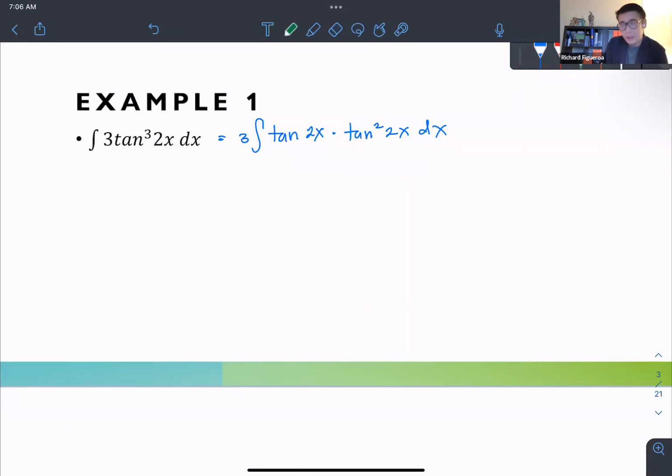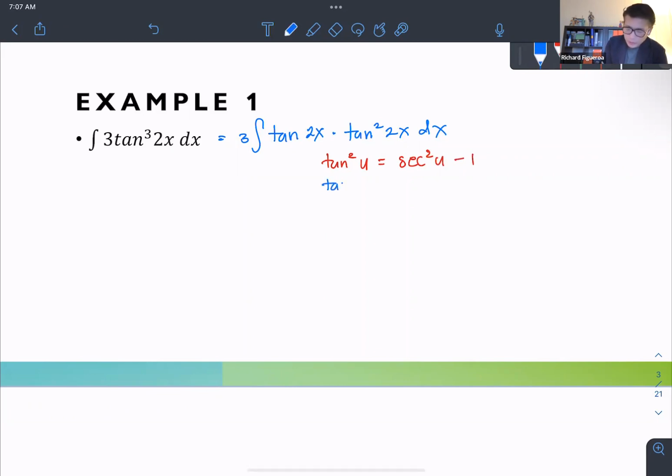Afterwards, we substitute. What are we going to substitute? We're going to substitute the tangent squared. What we have actually is tangent squared u, which is the same as secant squared u minus 1.